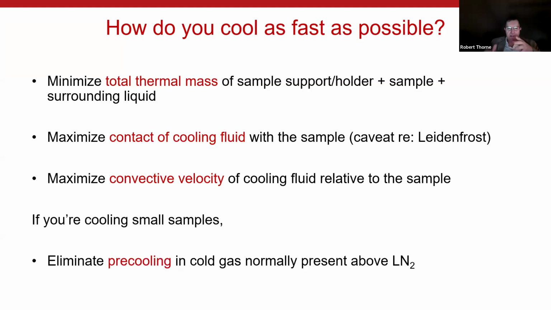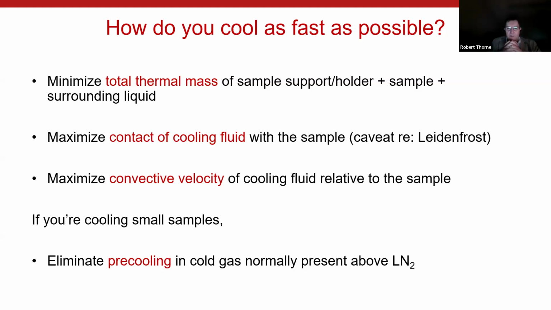And then this is something that certainly wasn't appreciated in cryocrystallography, and it's still not appreciated in cryo-electron microscopy: when samples are small enough, they will cool in whatever cold gas is present above your liquid nitrogen or your liquid ethane.